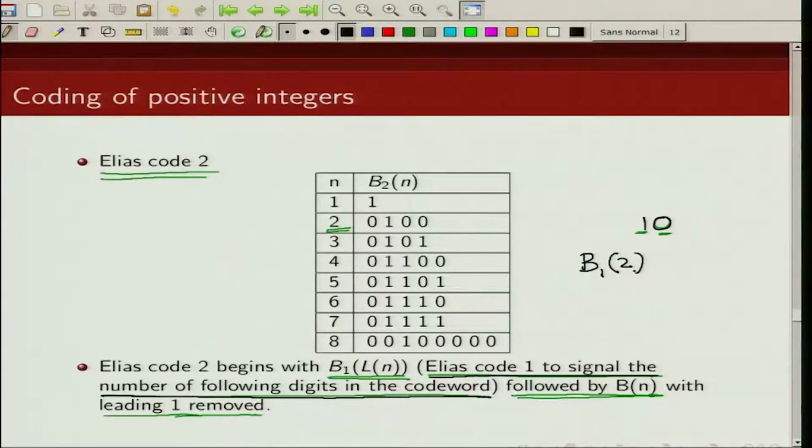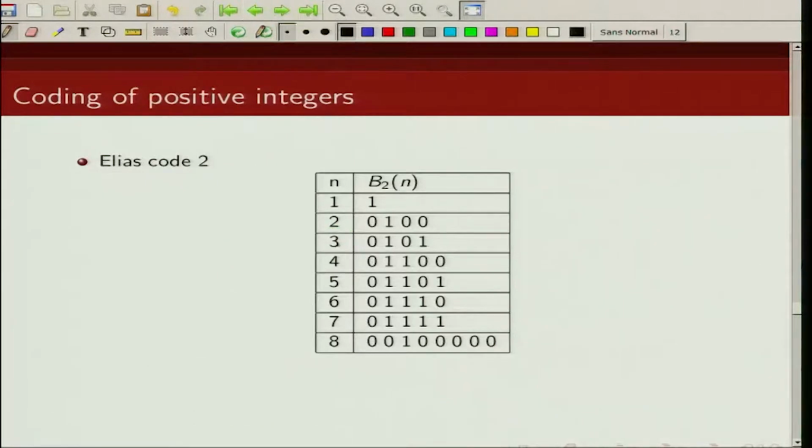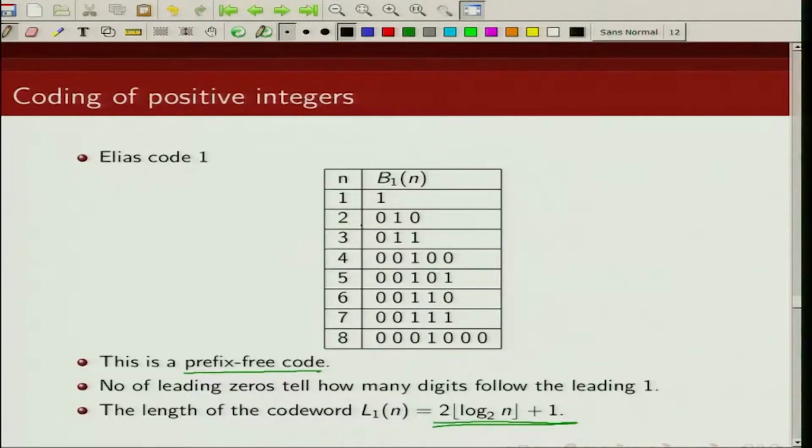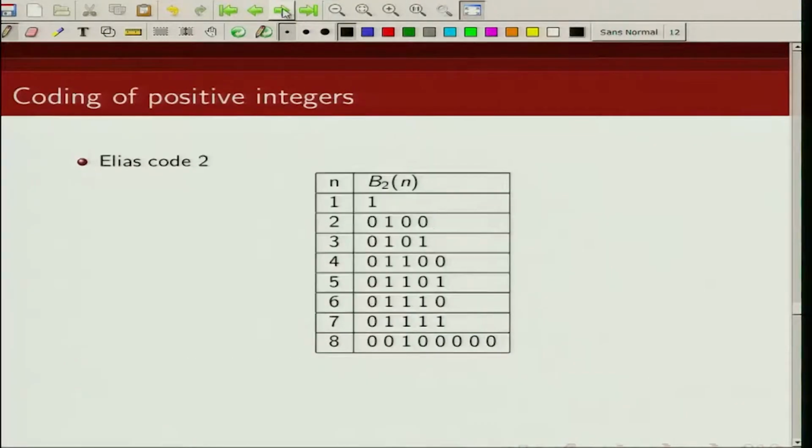And what is that? Elias code 1 corresponding to 2 is 0 1 0. So this is the Elias code 1 for 2, and this is followed by the binary representation of 2 with leading 1 removed.